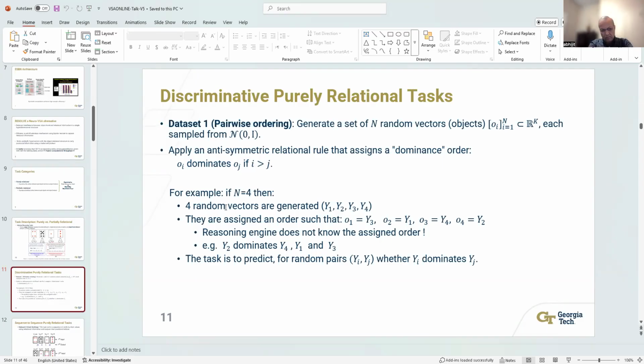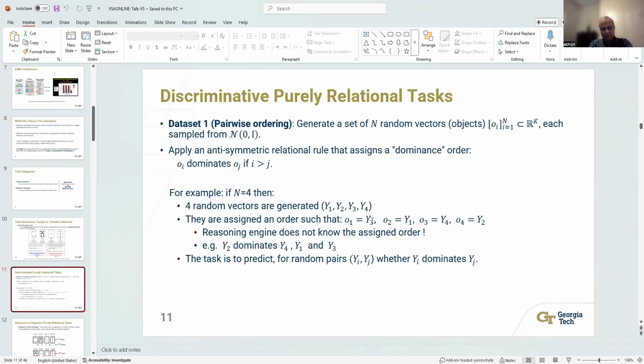We have 4 random vectors, y1, y2, y3, and y4. We associate y3 equal to O1, y1 equal to O2, y4 equal to O3, and O4 equal to y2. The idea is to try to guess whether a pair yi and yj is classified as dominant or not.